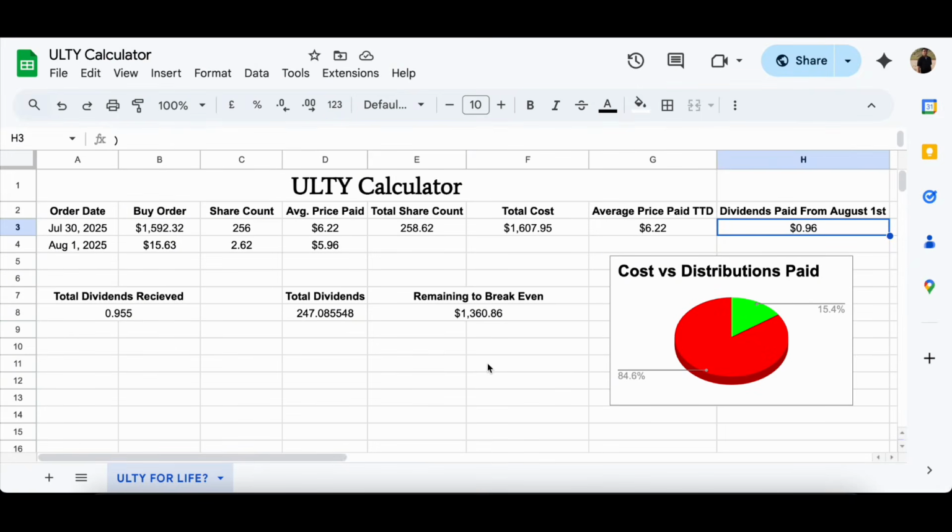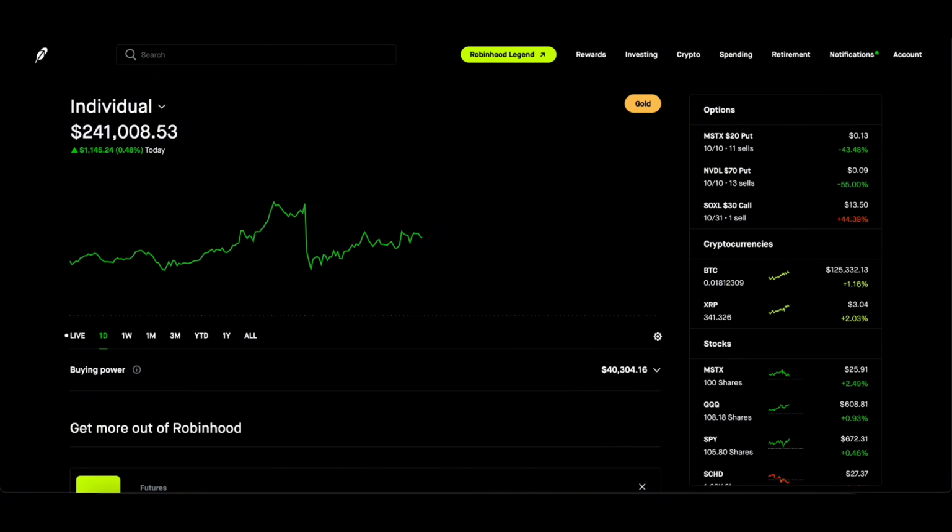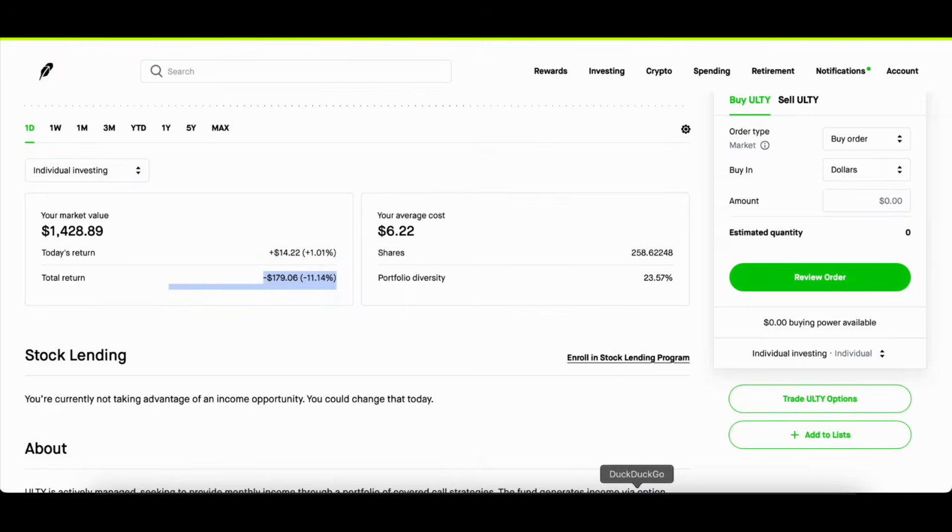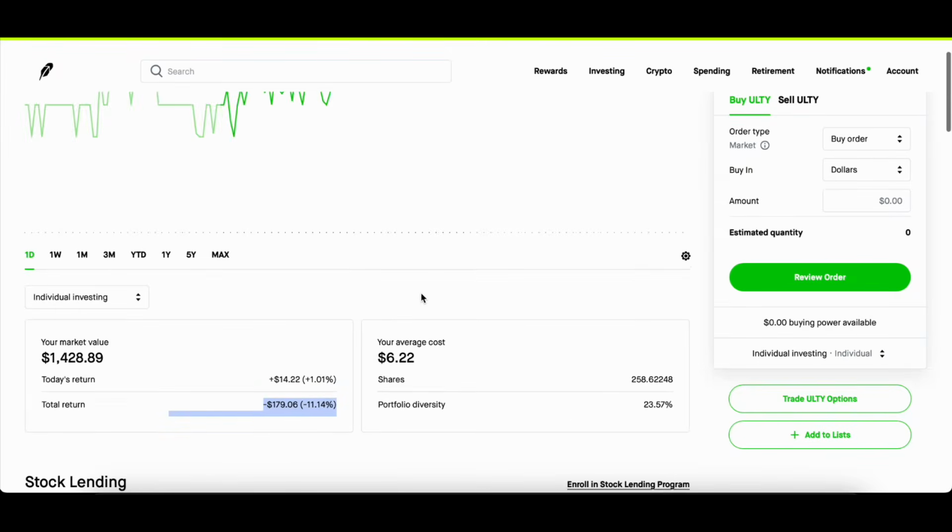Now, if I were to invest in ULTY again, would I do it? I probably would, but again, I would keep my ULTY investment a very small portion compared to my bigger portfolio. As I showed you guys, my first portfolio is over $241,000, and on the ULTY side, I only invested $1,600 or so.